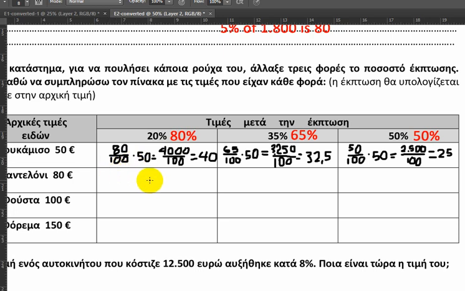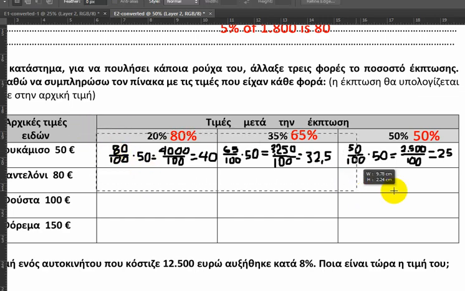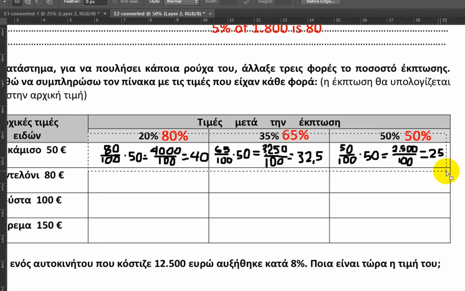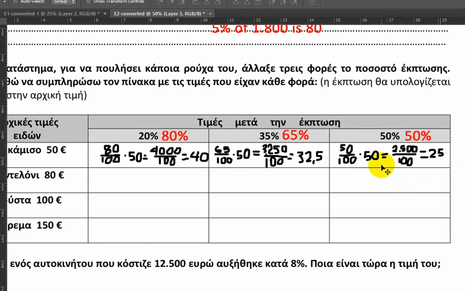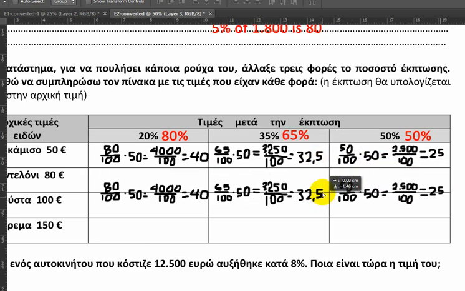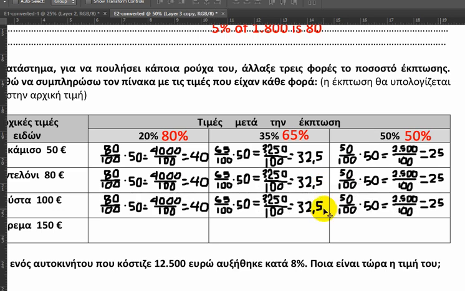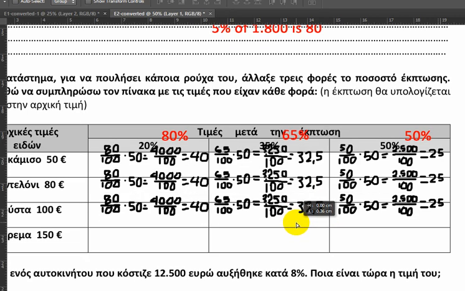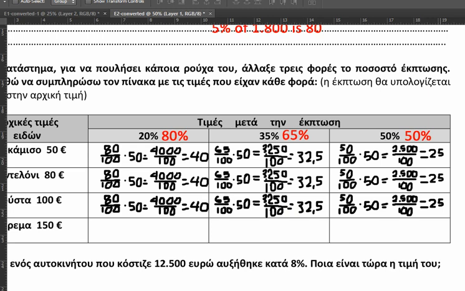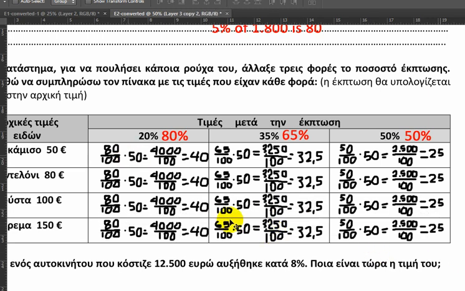So, yeah, we are going to take these and copy them. We're just going to change up the numbers a little bit for each of these. Okay, let's erase what we don't want.